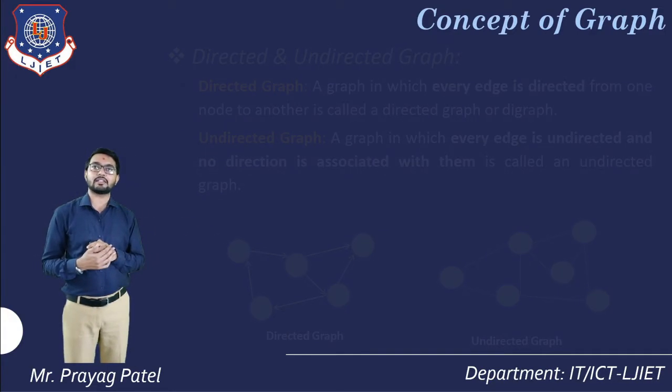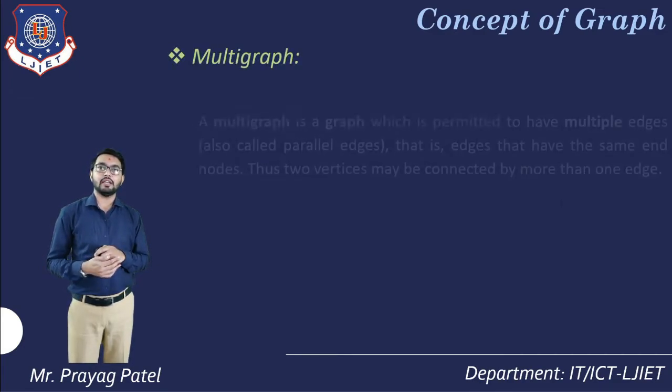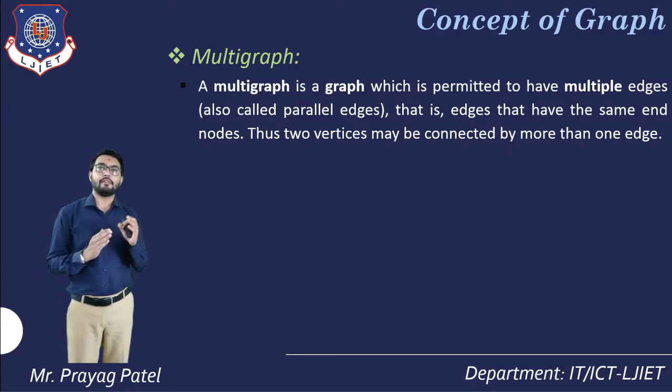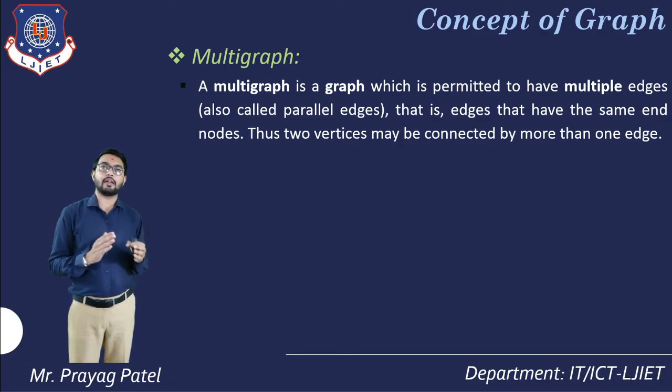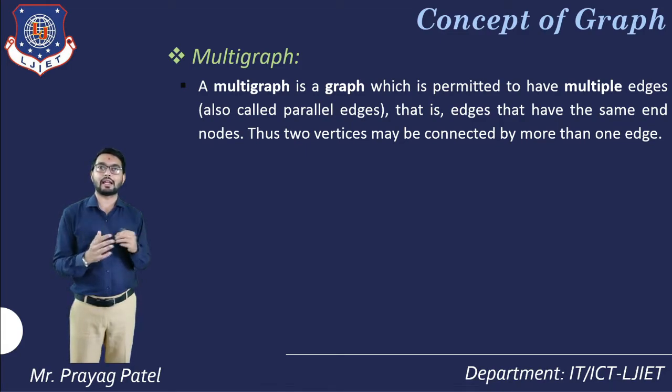Now consider the next concept of graph, the multigraph. Here consider the definition of multigraph. A multigraph is a graph which is permitted to have multiple edges, that is, edges that have the same end nodes. Means between two nodes we have multiple edges or paths available.